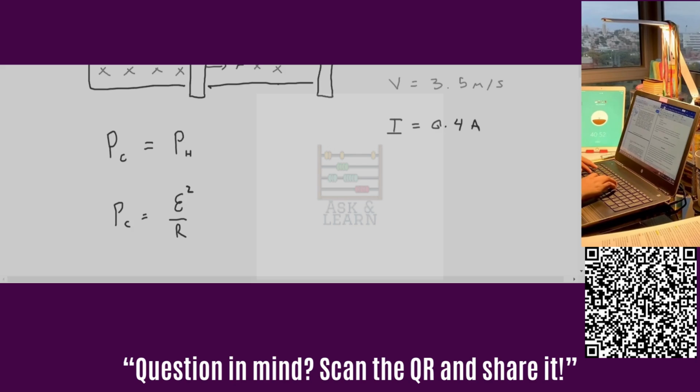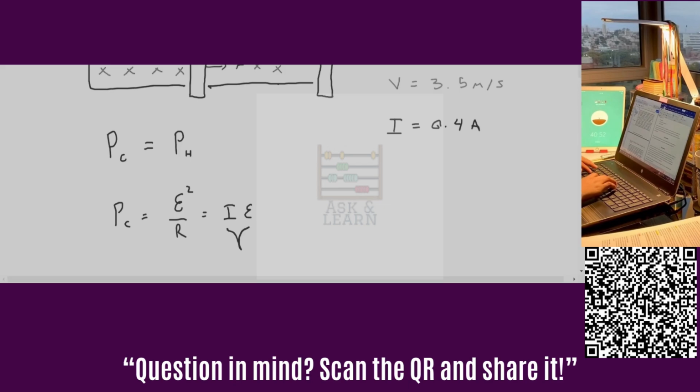So we'll have our induced EMF squared over R. Or if you don't know the resistance, we can substitute using Ohm's law, E over R, and just have the current times the induced EMF. Either one of those will work. But in our case, we don't have the resistance, so we're going to use the one that uses the current.